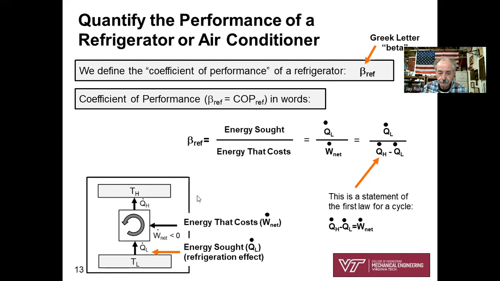We've got to buy electric power to run our refrigerator, so the energy that costs us is W dot net. I hope you're seeing the drill. Then we apply the first law for a system operating a cycle. The coefficient of performance for a refrigerator is Q dot L divided by Q dot H minus Q dot L, which is equivalent to W dot net. Got it?